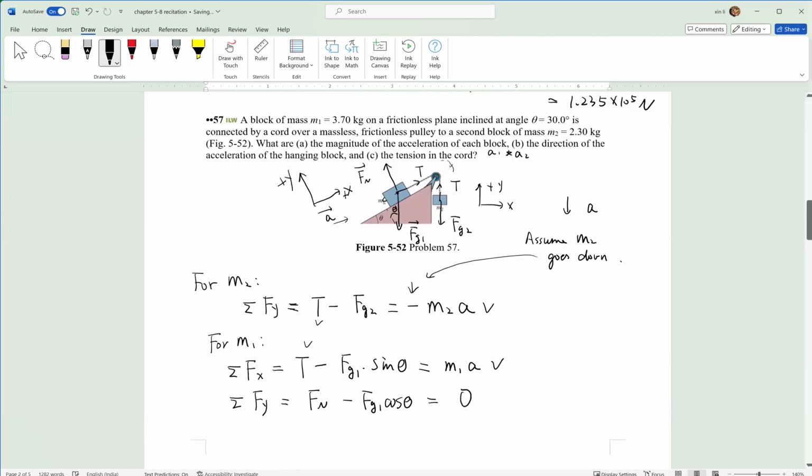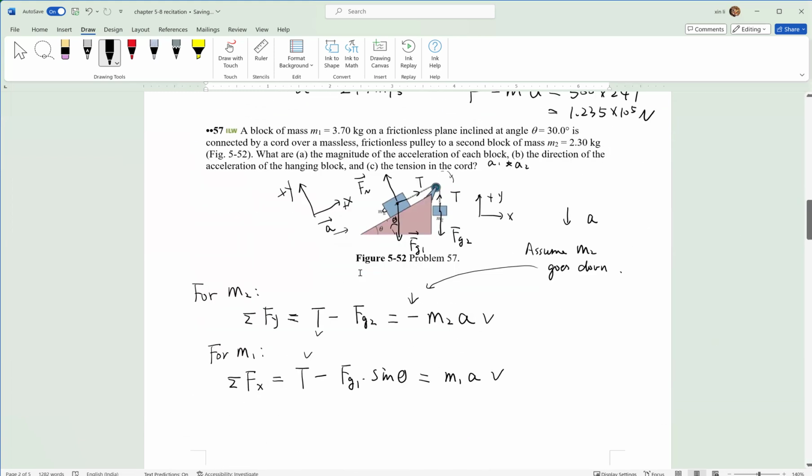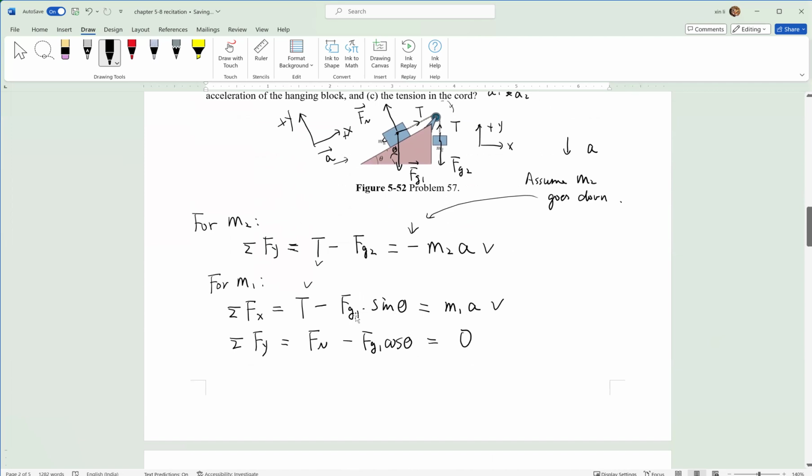The problem actually asked you to calculate tension. So we need acceleration and tension. Take a look at the equations here and here. Fg2 and Fg1 are given to you. The mass 1 and the mass 2 are given to you.